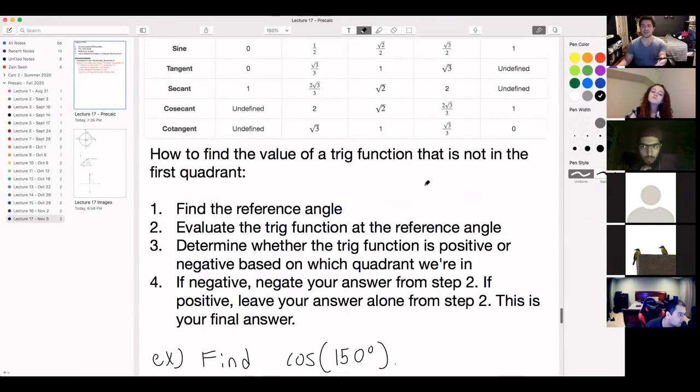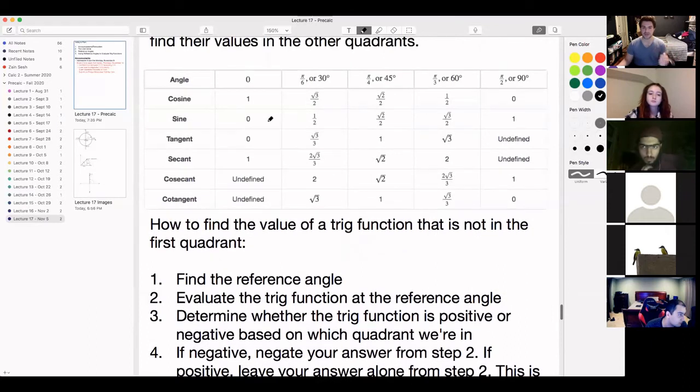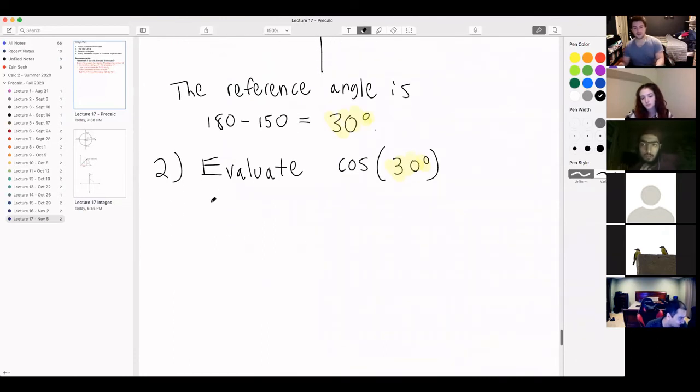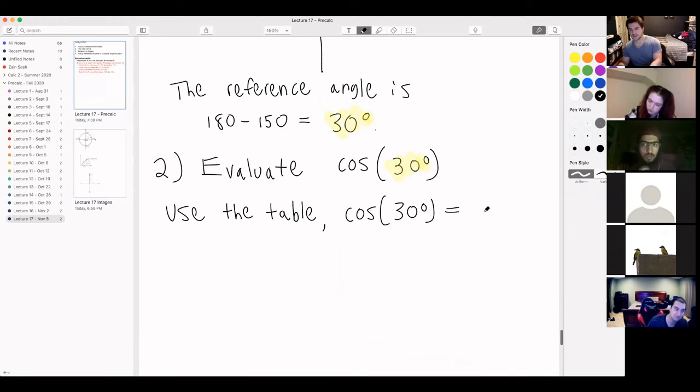Just go up to your table here. Totally fine. Use this table. We go to the cosine row, and then we move to the 30-degree column. There it is. It's radical 3 over 2. Done. Use the table. It will be radical 3 over 2. Excellent.